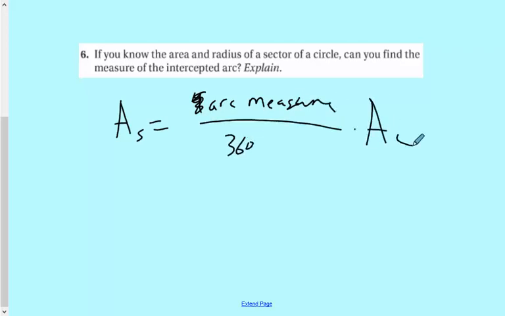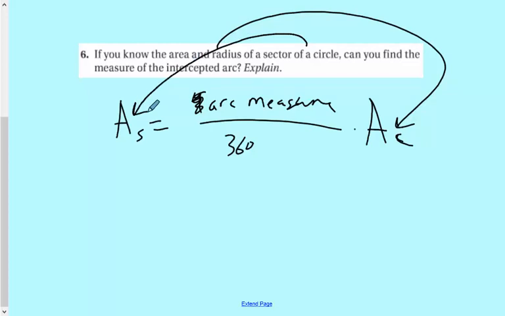If you know the radius, that allows you to find the area of the circle, and you know the area of the sector. Can you find the measure of the arc? Yes, because we can call this variable x, and then you'd have the 360 and the rest, and you could find the arc measure by working backwards.